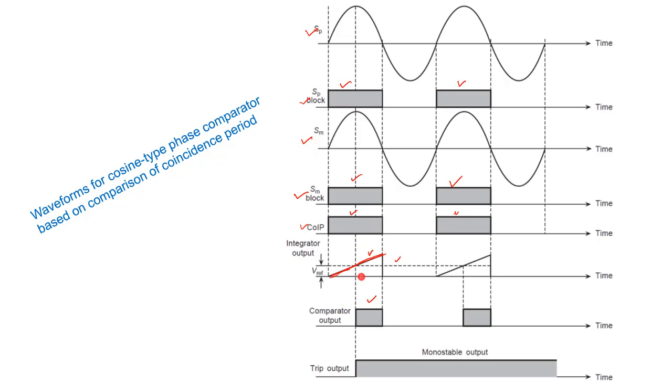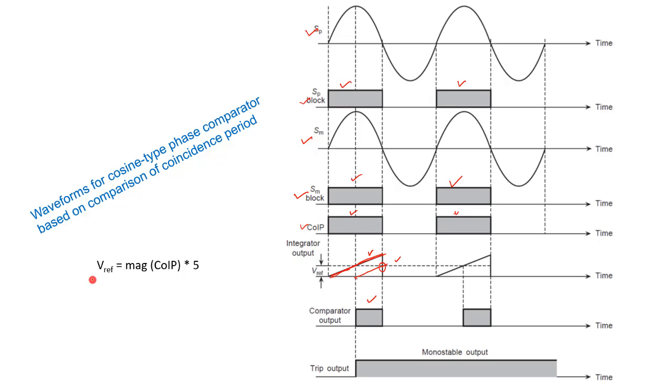So, if we see here, this is your threshold point, if we plot it, right. When the phase angle difference between SP and SM is 90 degree, that is the threshold, that means the comparator output is at the verge of 0, right. Then how will we set the V reference?